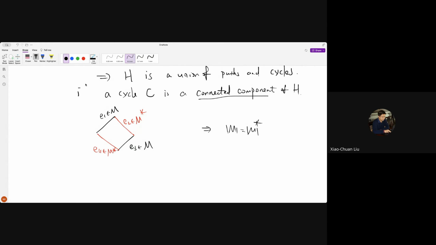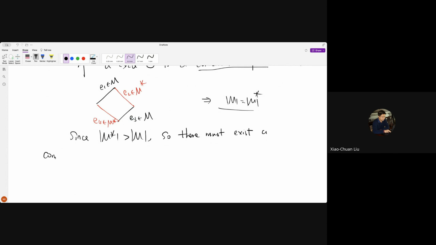So if a cycle is a connected component, then by this argument, since M star is a larger matching, there must exist a connected component which is a path, not a cycle.